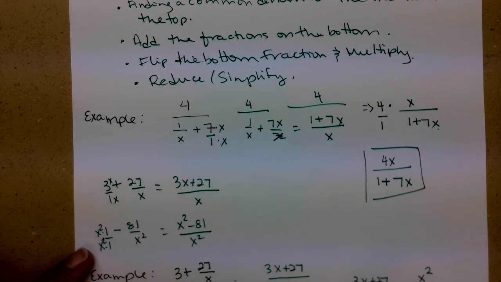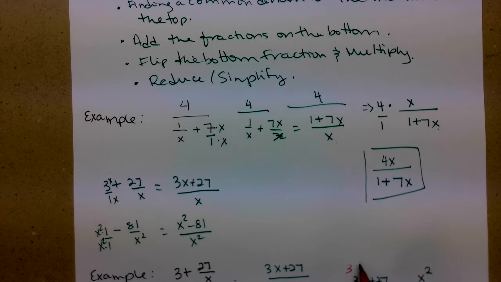So the 3x plus 27, that has a common factor. It's linear, x to the first, but I see that 3 goes into both of those terms. So I'm going to go ahead and factor the 3 out. So 3 times x plus 9. Okay. I've got my x down here, x squared minus 81, so I have a difference of squares. So those are x plus 9 times x minus 9.